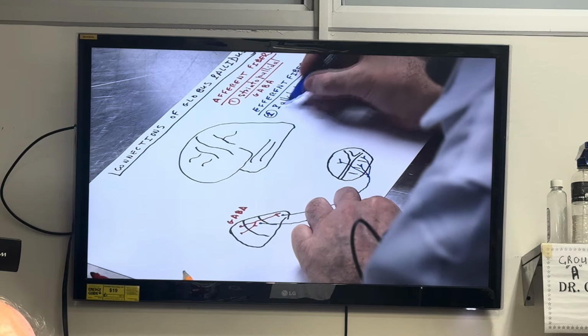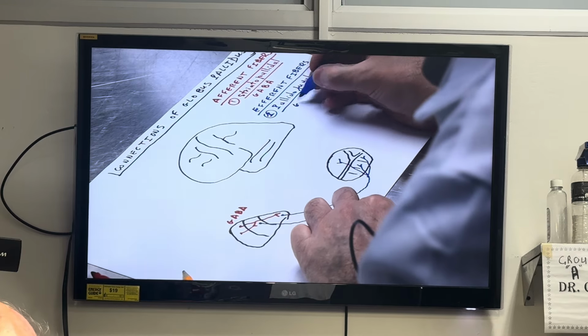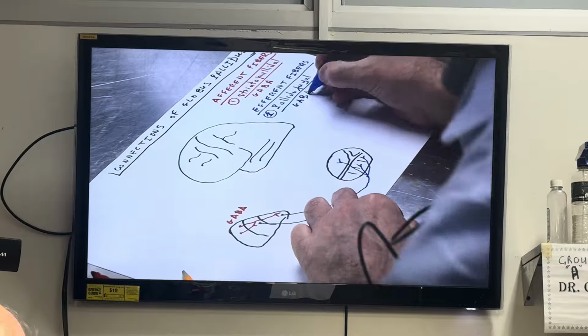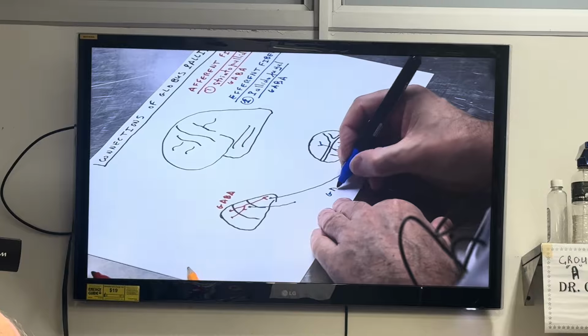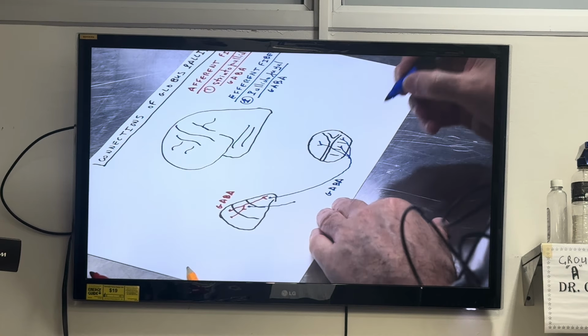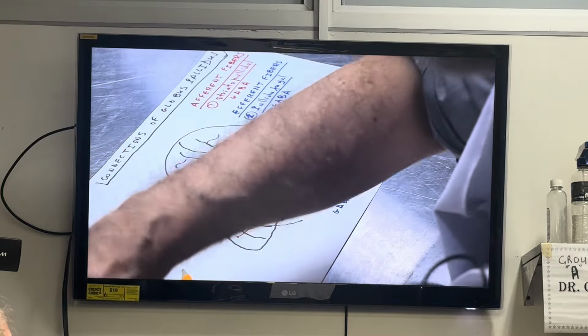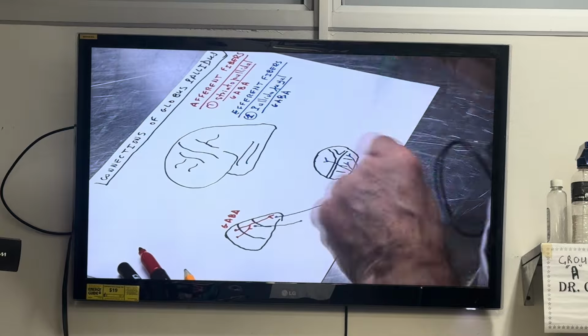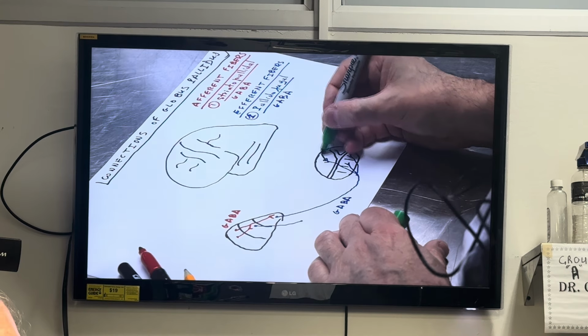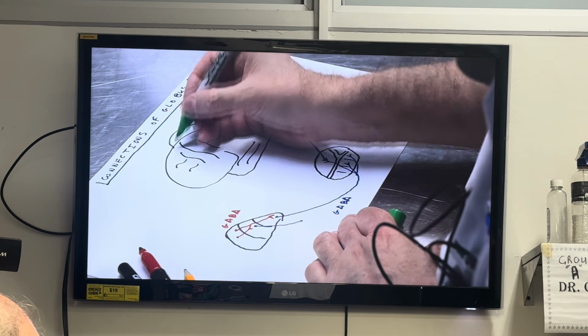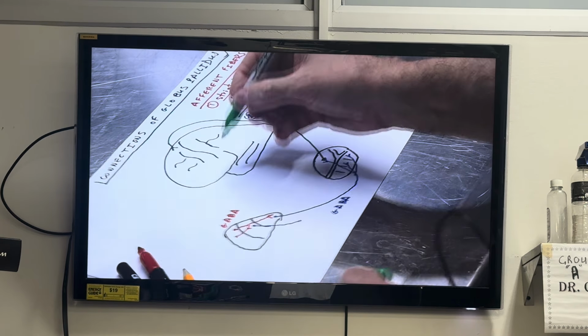And what will be the neurotransmitter? GABA. It's okay? And from here, it will project back on your cerebral cortex.